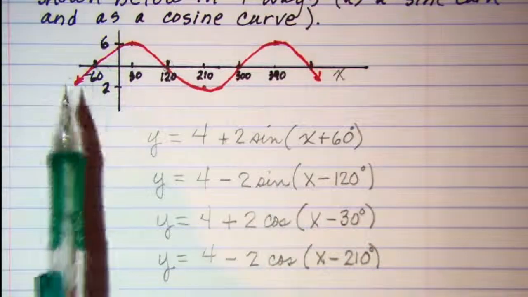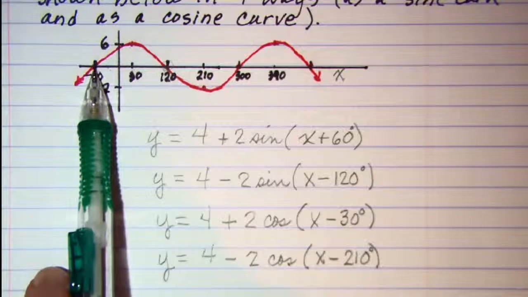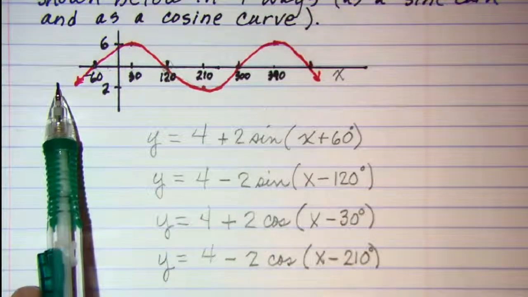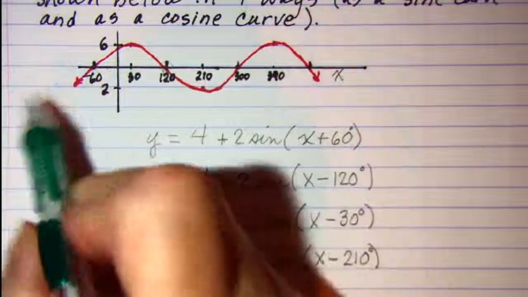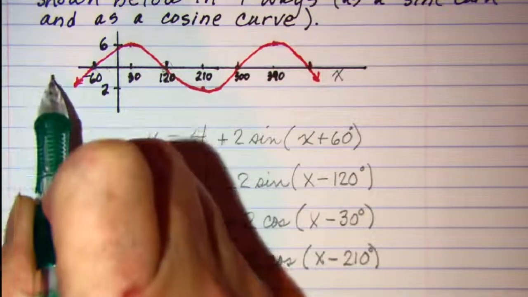Now if we notice, in between hitting the axis and our minimum point, that is 90 degrees. So this would hit its minimum point at negative 150.